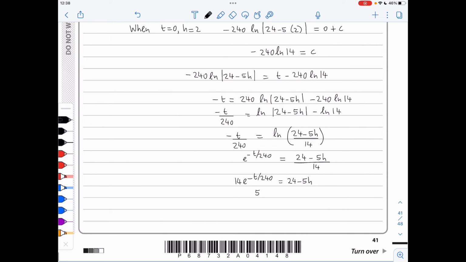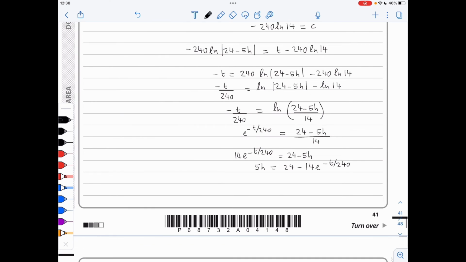So 5h is 24 minus 14e to the minus t over 240, and the final step is simply to divide everything by 5. This leads to h is 24 over 5 minus 14 over 5 e to the minus t over 240. That is the expression for h in terms of t.